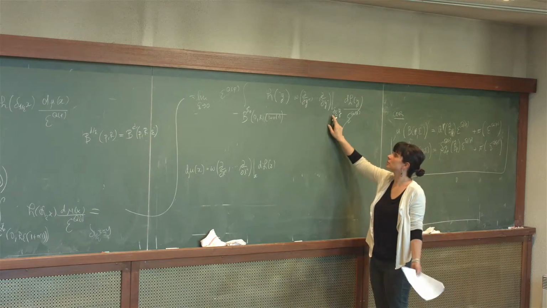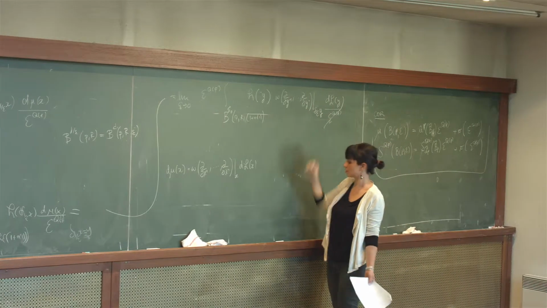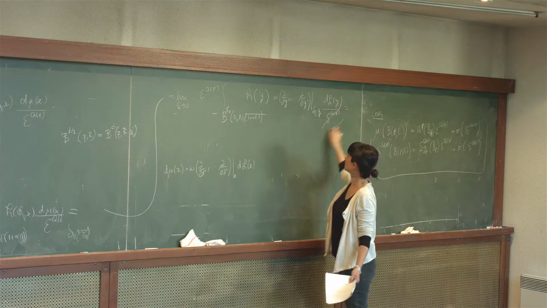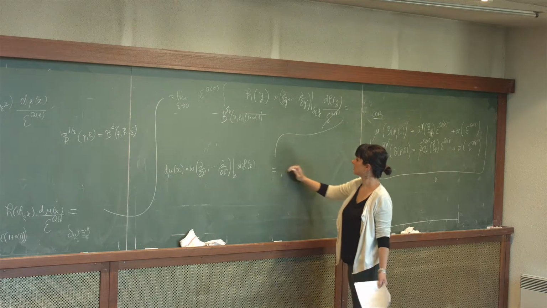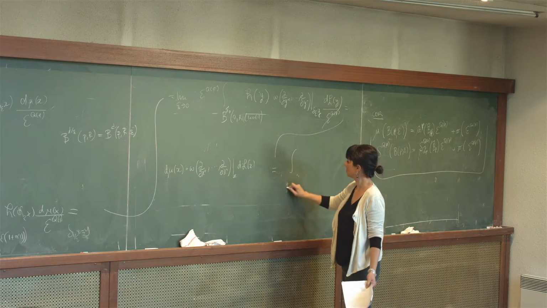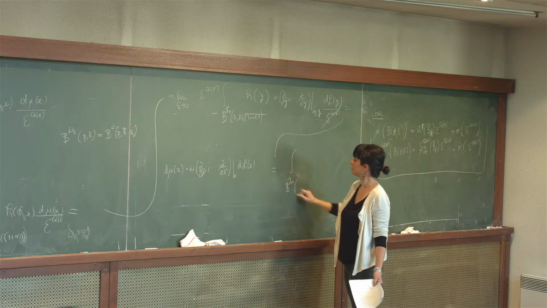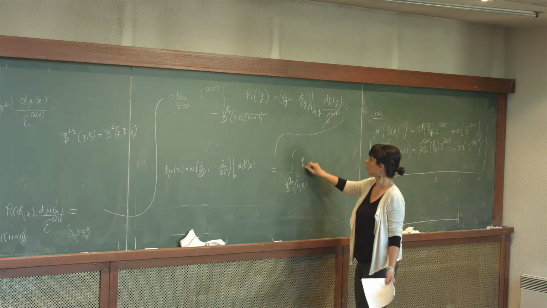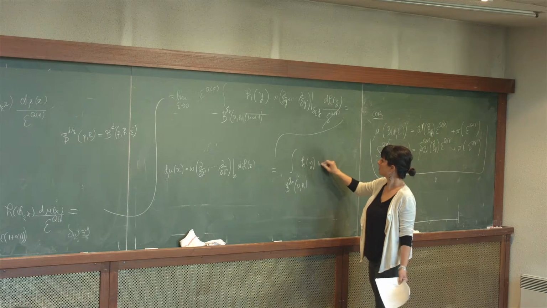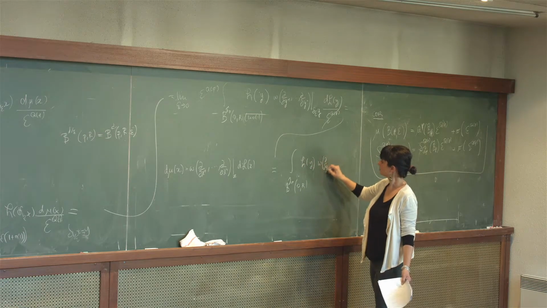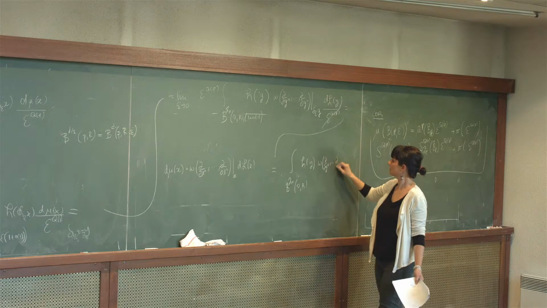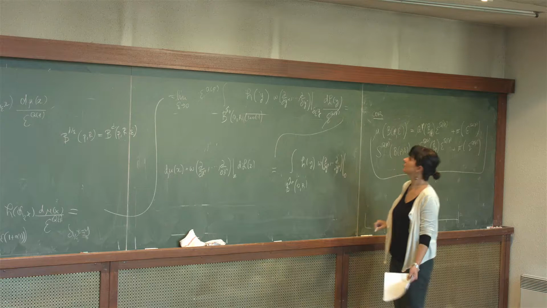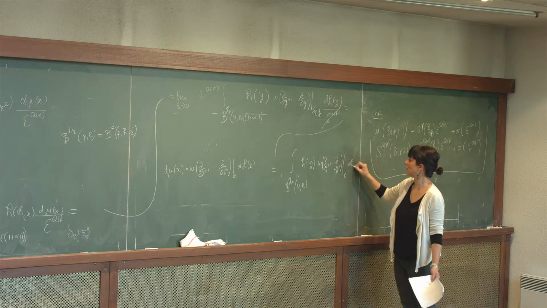It is smooth, so if I compute the limit, I obtain the integral over B d-hat p, 0 r, of h of y, omega d over dy1, ..., d over dyn at 0, d Lebesgue of y.